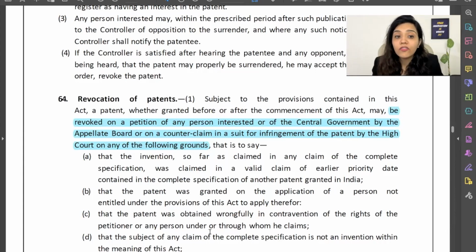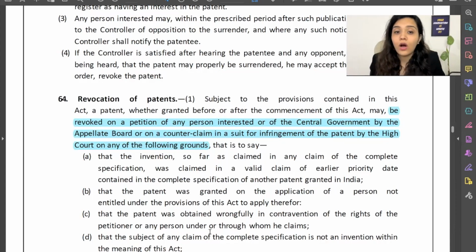Similarly, who can file a patent revocation? Any person interested can file a patent revocation. It's not written that any person can file for a patent revocation. Only any person interested can do it. Who else can do it? The Central Government can do it, or it can be done on a counterclaim in a suit for infringement of patent by the High Court.